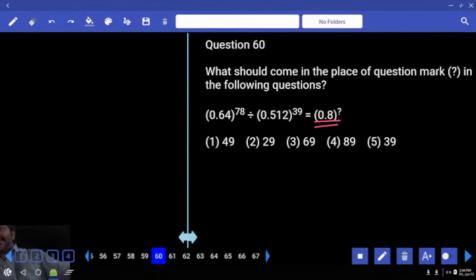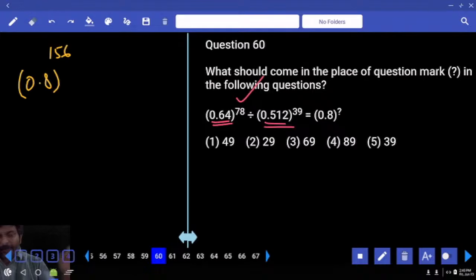x is in the right hand side exponent for 0.8. So every other number should be written in the form of 0.8 something, correct? This can be written as 0.8 square to the power of 78. That will be 0.8 to the power of 156. Divided by 0.512, which can be written as 0.8 cube to the power of 39. 39 3 times, 117.